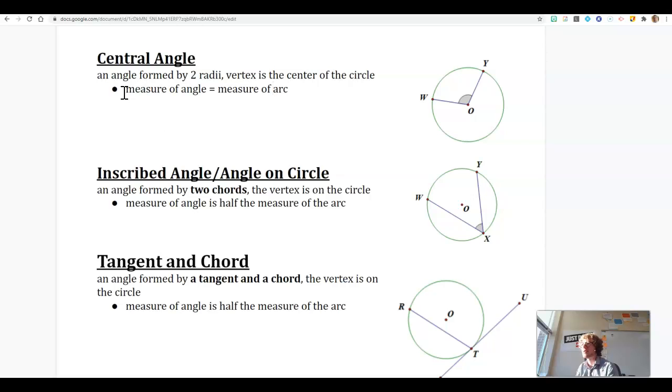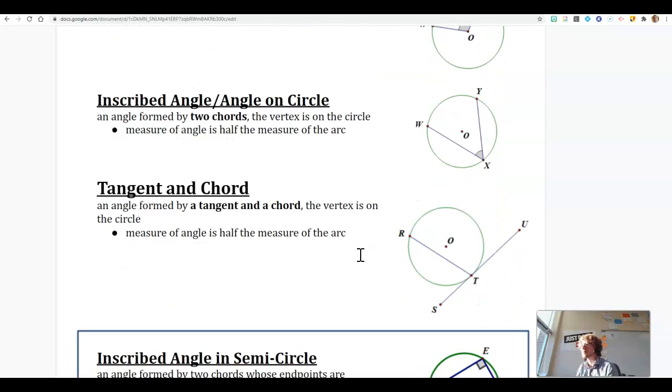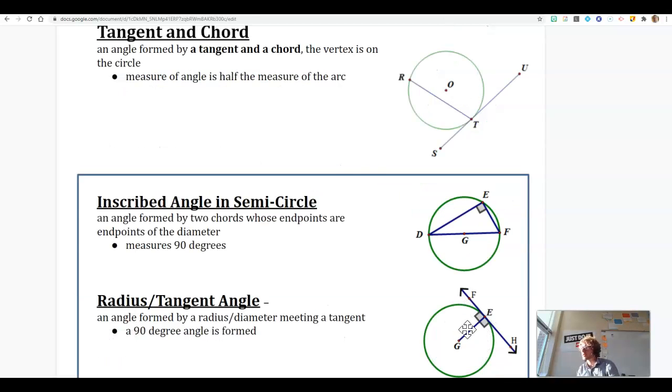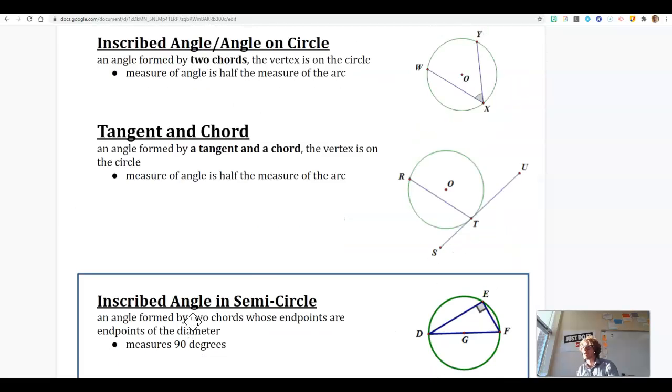If you want to preview, you can read these, but that's going to be topic 2. We can form angles between all of the lines that we have. So we can form an angle between a tangent and a chord, or a tangent and a radius. We can form angles between all these different sorts of lines and have a bunch of different relationships that we're going to get into.